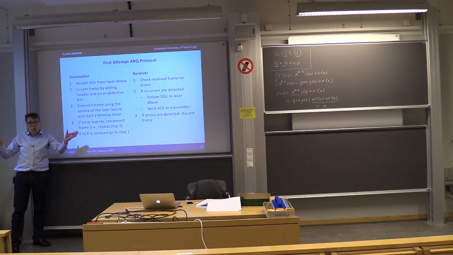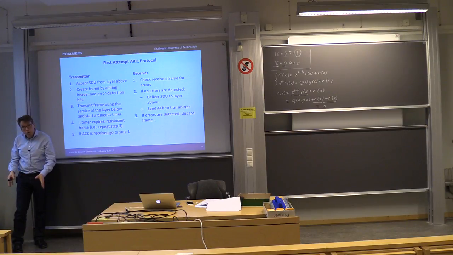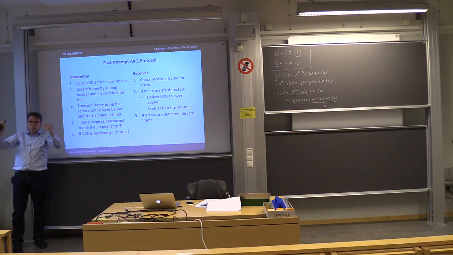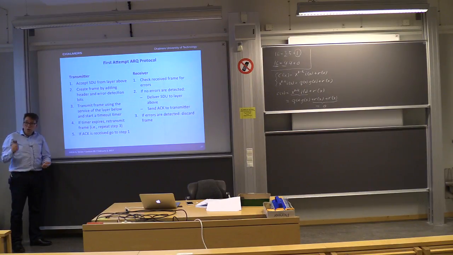I add these error detecting check bits and the header, and then I transmit that frame using the layer below me. So data, check bits, headers, and so forth, and push it down. And then I start a timer. So when I transmit the data, I start a timer.